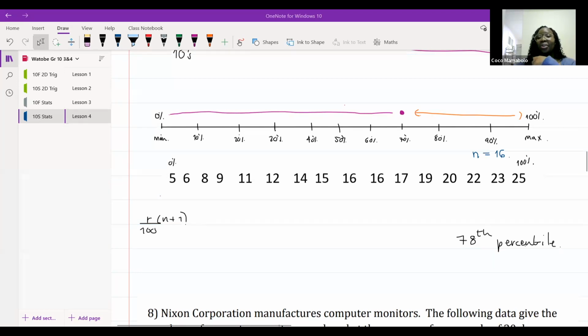So Zisanele is already done. Didn't wait for any of you, but I'm seeing like 20s and 21s. Let's see which one it is. Zisanele, take it a step at a time. Tell me, what did you get for your position?